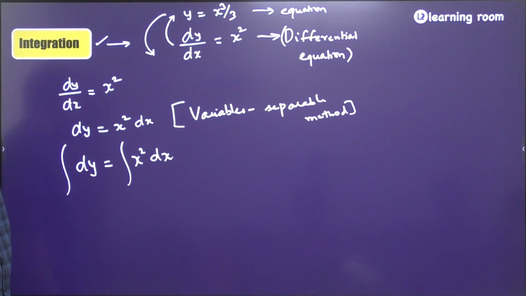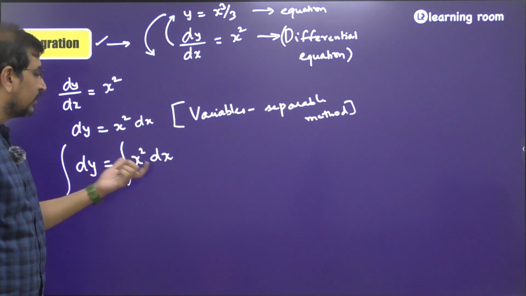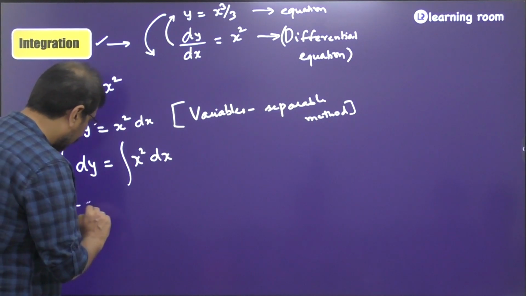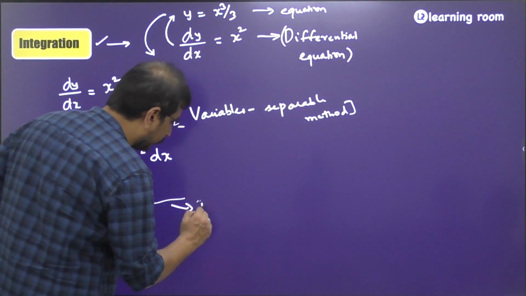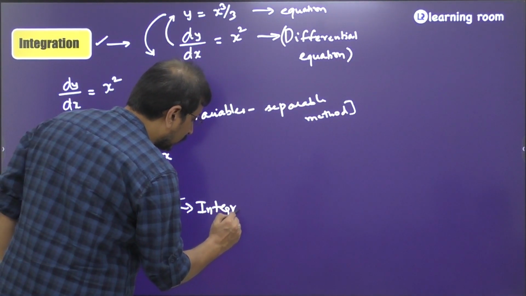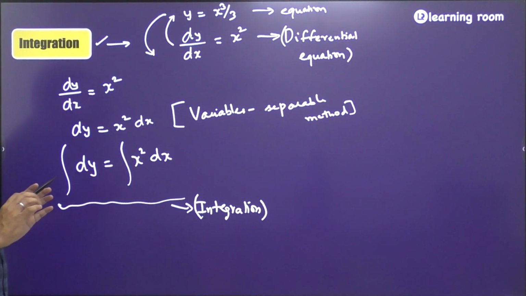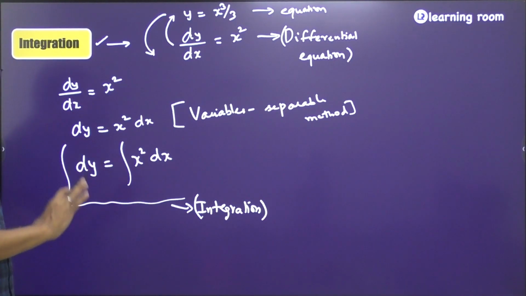Am I clear with this? Right? So integral of dy is equal to integral of x square dx. So basically, this is the operation of integration. I'm not going to tell you what is the answer as of now. This is the process, right?